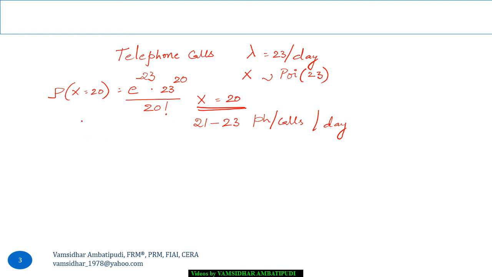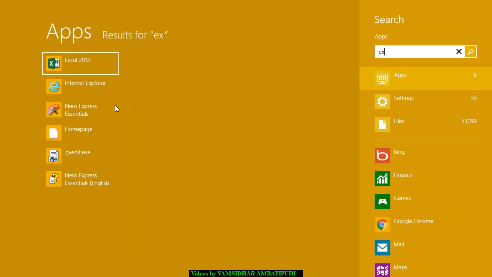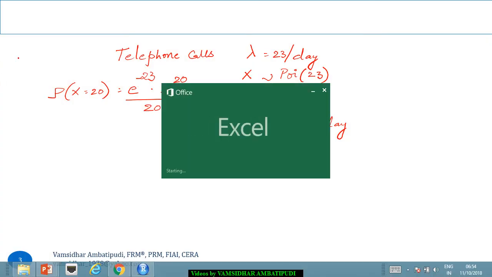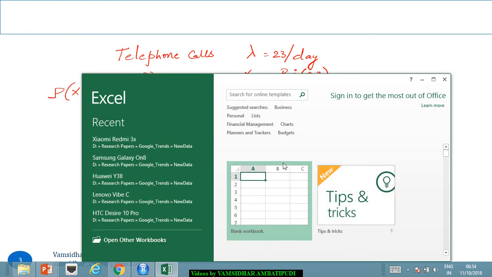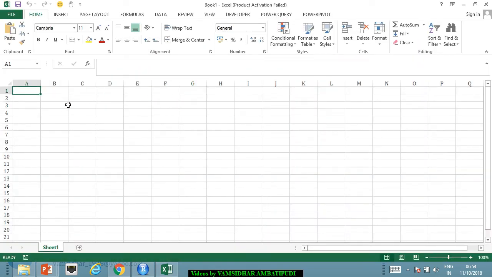To find this probability, you can use either a spreadsheet or a calculator. Here lambda is 23 and x equal to 20.